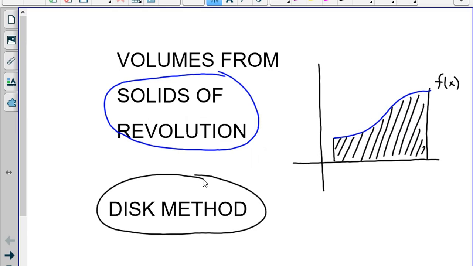So in prior units, what we have done is we have found the area between f of x and the x-axis. What we're going to do today is take this entire area and sweep it around 360 degrees.